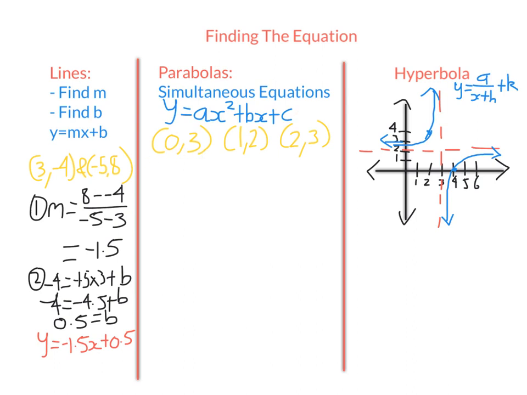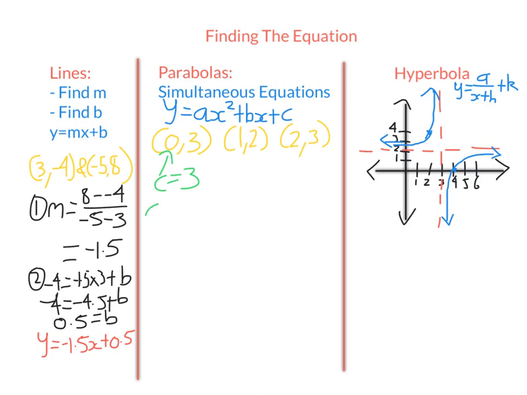So this point here tells me that c equals 3, because this is the y-intercept. C is whatever the y-intercept is. So I know this equation is going to be y equals ax squared plus bx plus 3. Now I'm going to substitute in each of these 2 points and get 2 equations to solve for a and b.